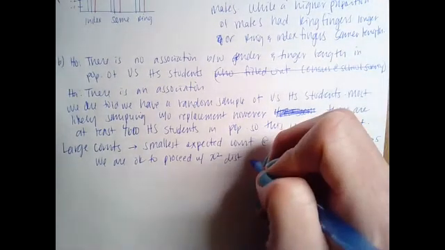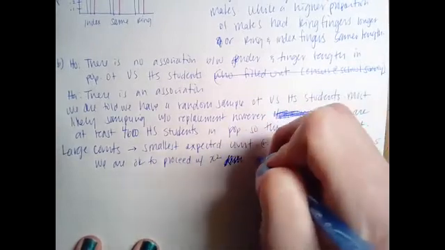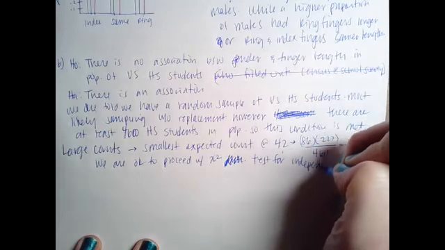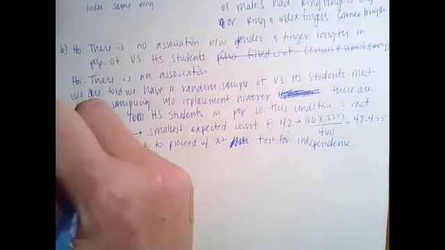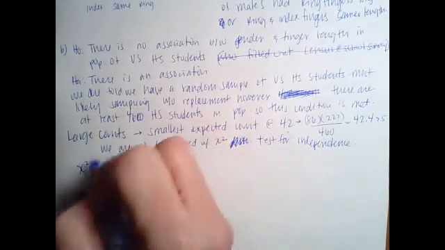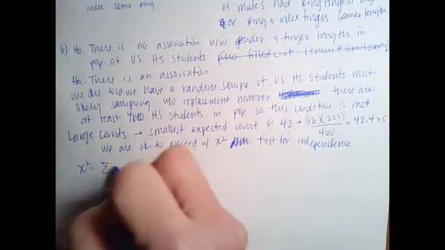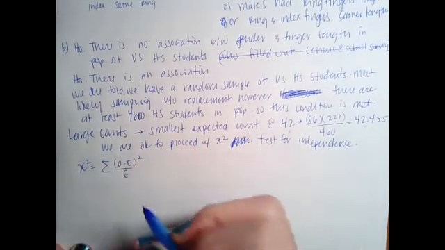And this would be, let's say this instead of that distribution, we'll say chi-squared test for independence. We want to name it by its name or its formula. So chi-squared is the sum of O minus E squared over E. So observed minus expected.